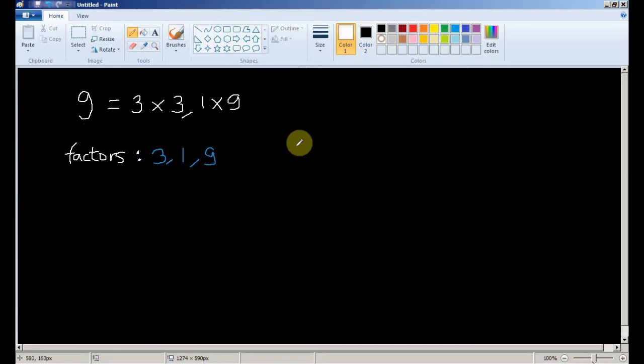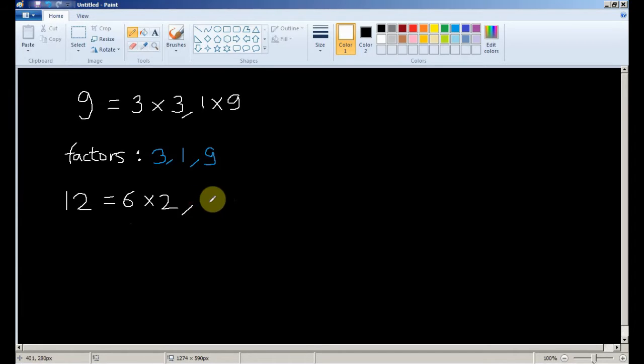So let's try a different one. How about 12? What gives the answer 12? There are many, I think. First that comes to mind is 6. 6 multiplied by 2 gives 12.